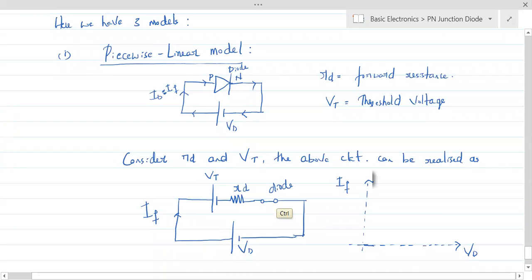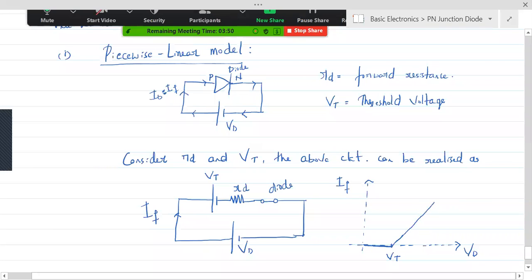This is what you need to understand. Till this VD becomes VT, the forward current will not flow. Once this VD goes beyond this VT, the forward current will start flowing. But since it is a piecewise linear model, we approximate it by having a straight line.